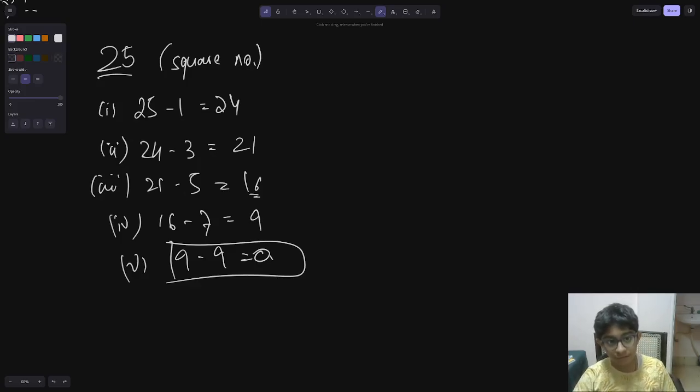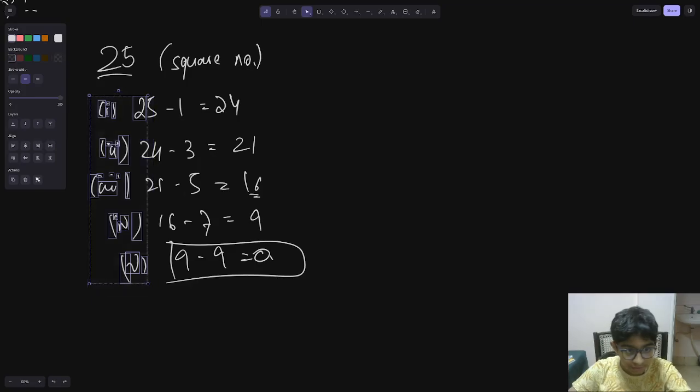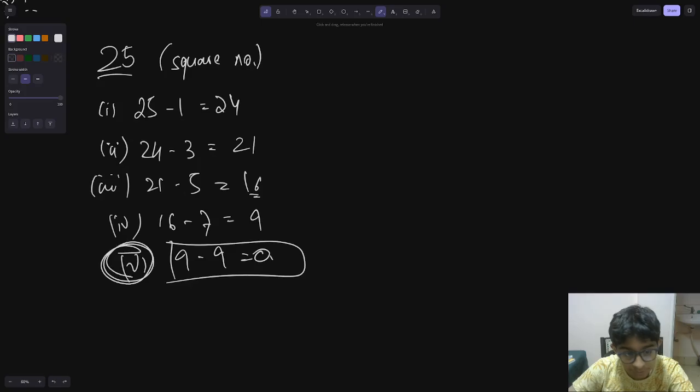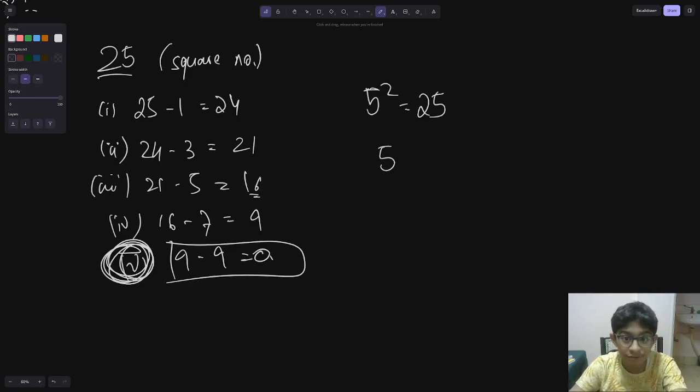So this is called square root by subtraction. The reason I wrote these numbers here is because how many steps did we take here? We took 5 steps. What is 5 square? 5 square is 25. So if 5 square is 25, then what square is 25 is the question that root 25 will ask.